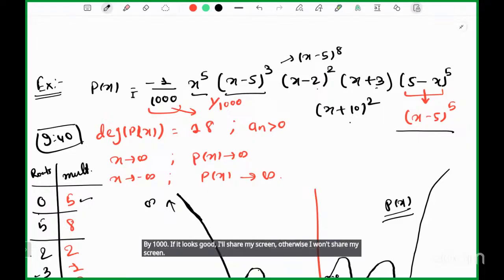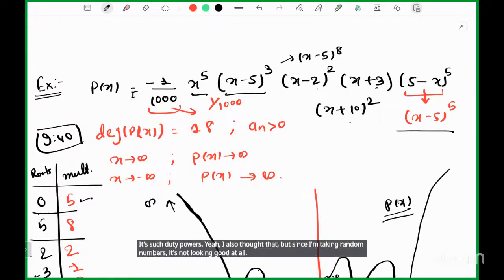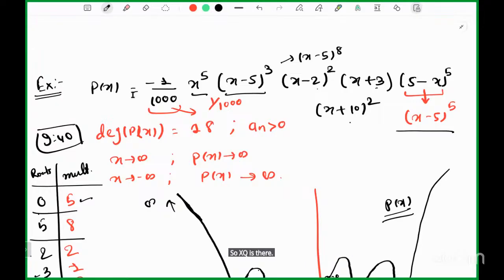So x cubed is there, x to the power 5, 8. It's not looking good at all. I mean, it's just like parallel lines. Okay, no issues. That's fine.